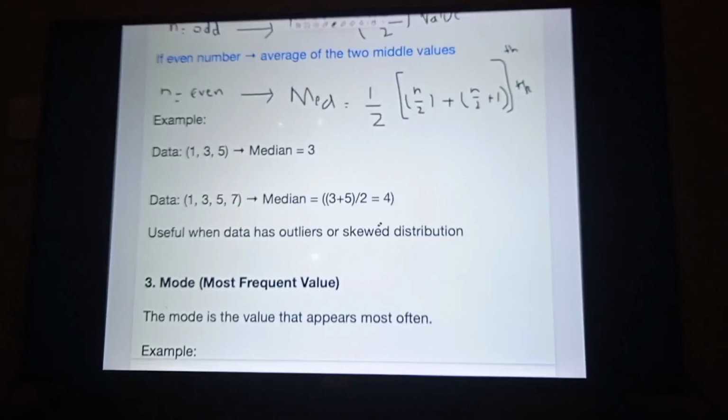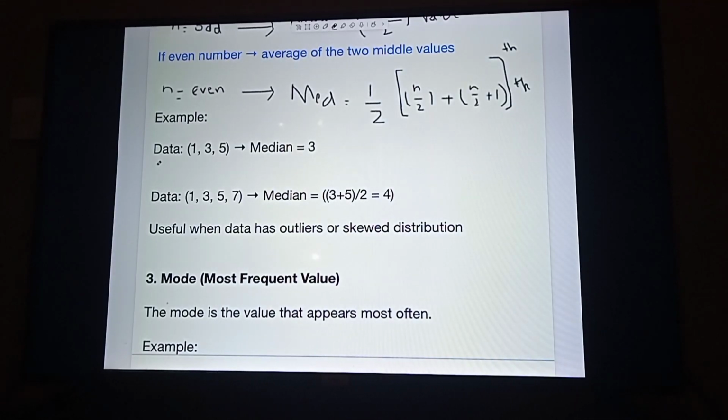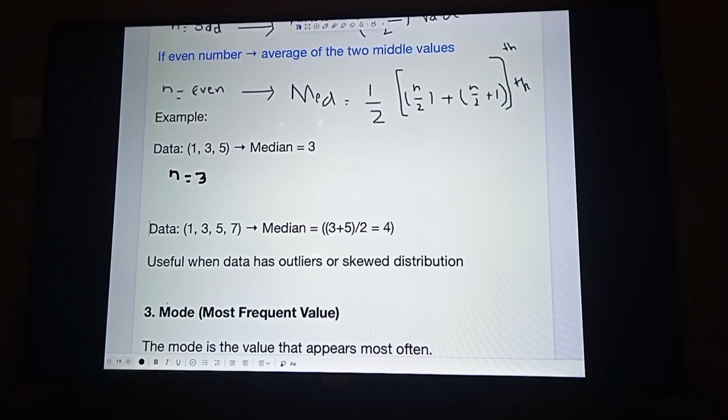Now here's the example. Here the data values are 3, and this is x1, this is x2 and this is x3. Now n is equal to 3 here, but you must arrange the data in order.